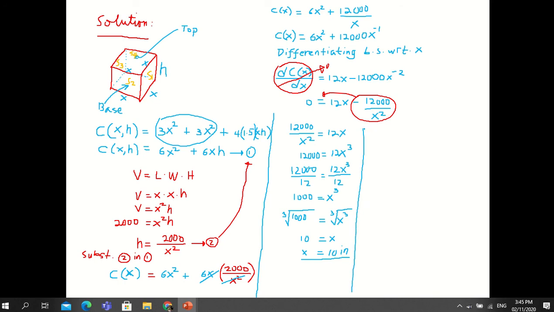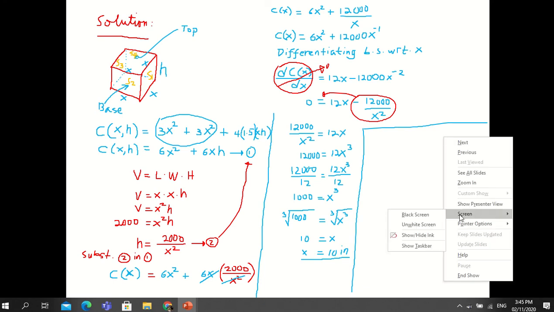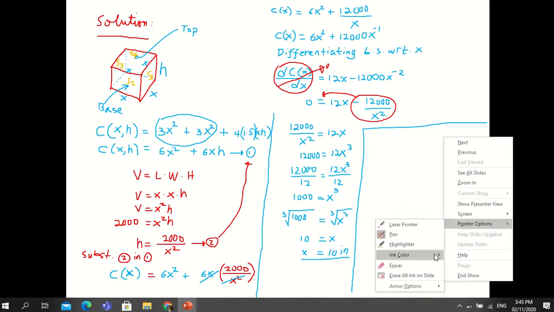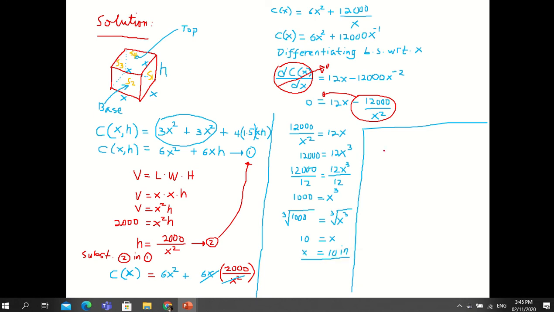To solve for h, we are going to substitute x equal to 10 in equation 2.